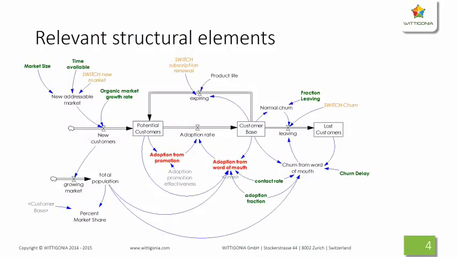Again, to recap, if you have skipped forward to this session, this is our business model that we are taking a look at. So we have a pool of potential customers, which is fed by a growing market, and they will become the customer base through the adoption process. Now, this is not a very detailed adoption process. It doesn't show any conversion steps.